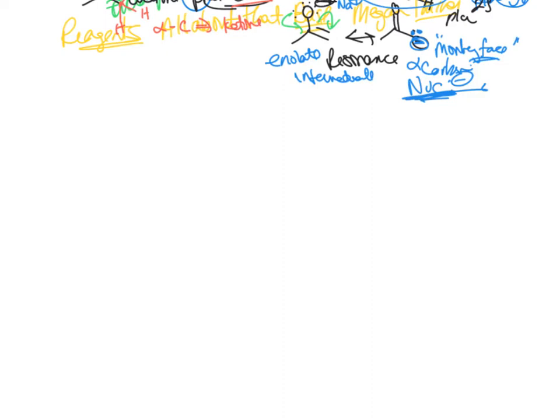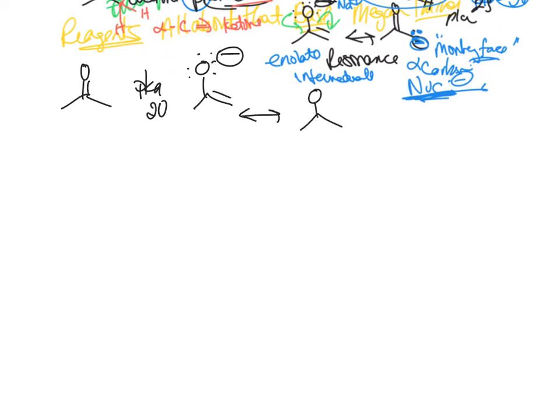Let's do the ketone. So pKa is 20. All right, and so that resonance structure, this is the conjugate base, pKa of 20.